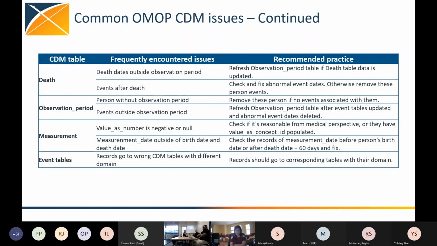Okay. And the rule that we came up with is that originally they thought about 30 days, so we said 60 days. If you have events after 60 days of the person's death date, then we don't think that person's dead. So you might want to revisit your death date, right? And why do we give 60 days? Because we took into account things like the person is now deceased, but then you have autopsies, or if it happens to be a crime of some kind, then they are given a bit more time to resolve all that.